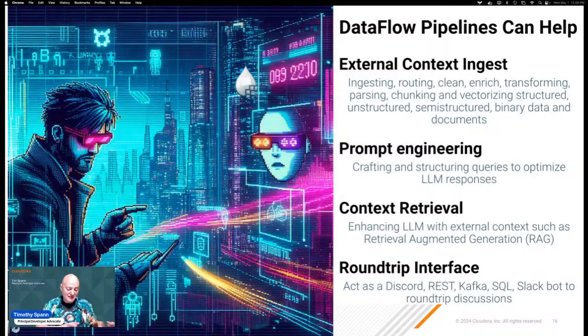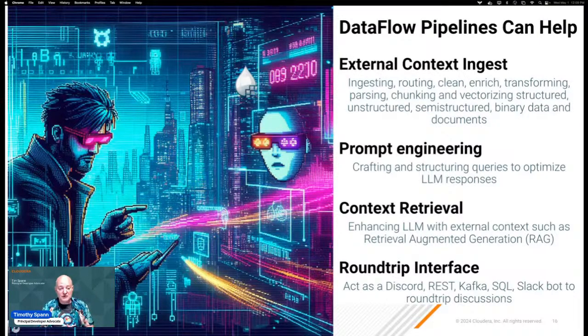I think the main thing to think about with streaming, combining with a vector store, and combining with AI and ML, these are the common things that I'm seeing and using usually: getting that context ingested, routing it, cleaning it, getting it into whatever formats we need.